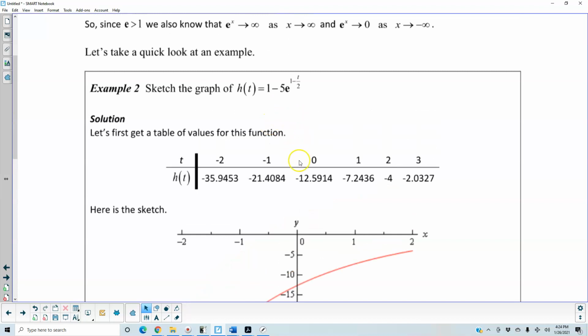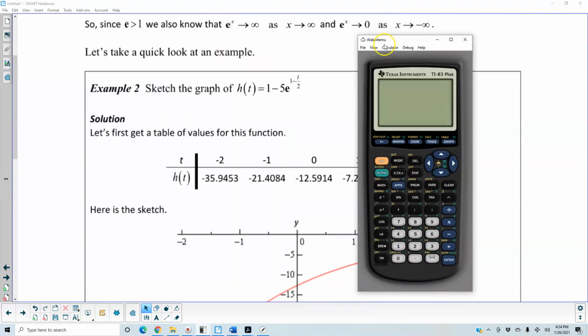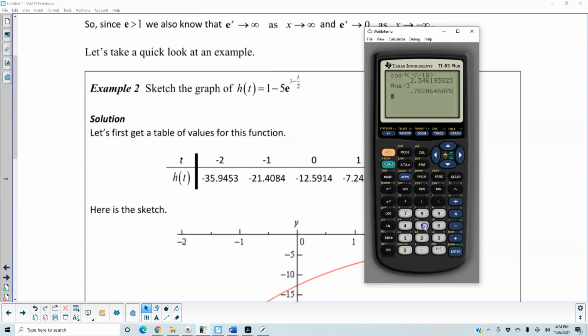So, let's go ahead and just plug in the value of negative 2 into a calculator. If we want to be able to do this, we're going to plug in negative 2 for the value of t. So we have 1 minus 5, and then we're going to find the value of e, which is above the division bar, using the second button, which is e.